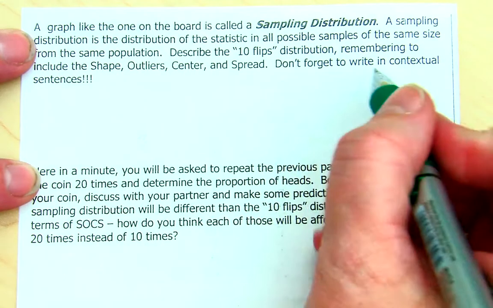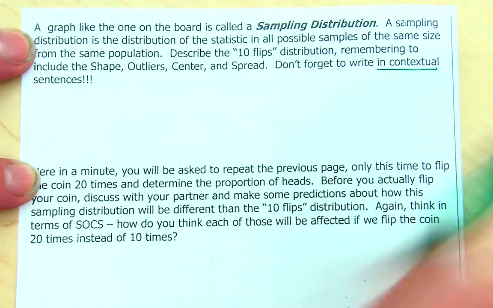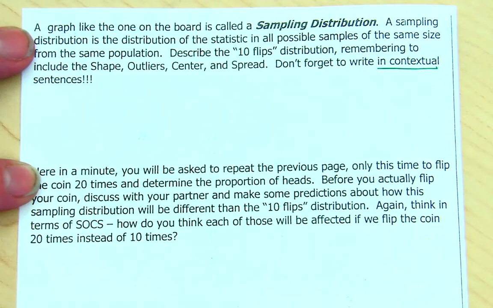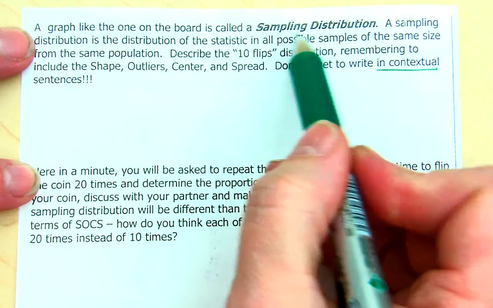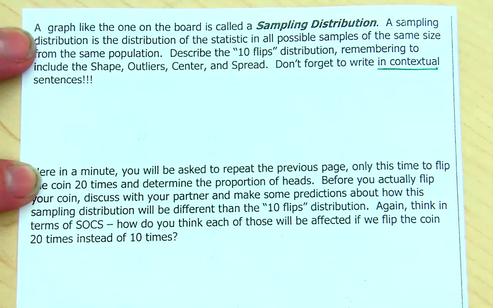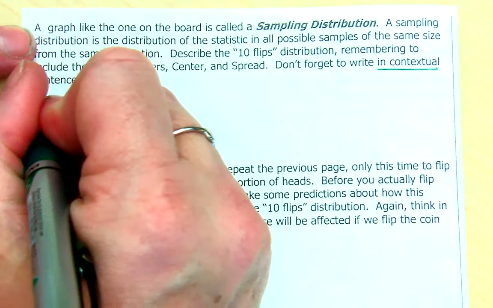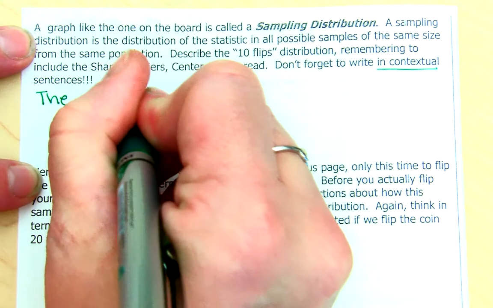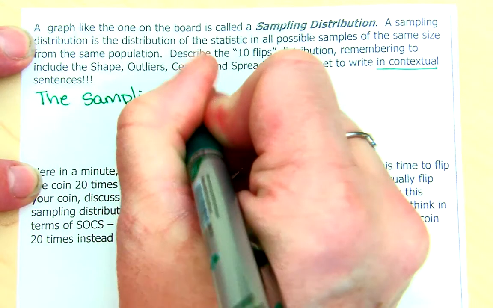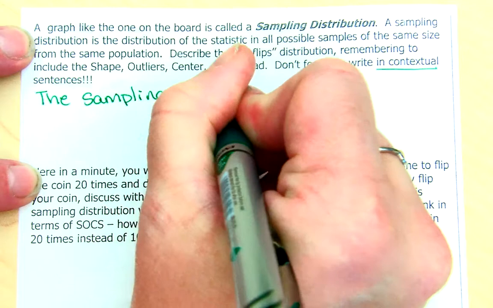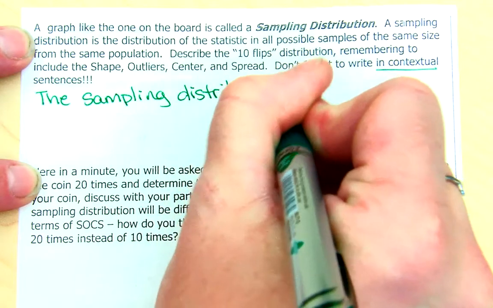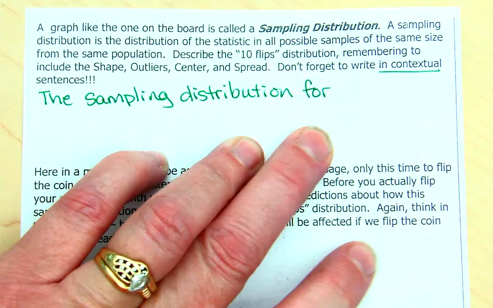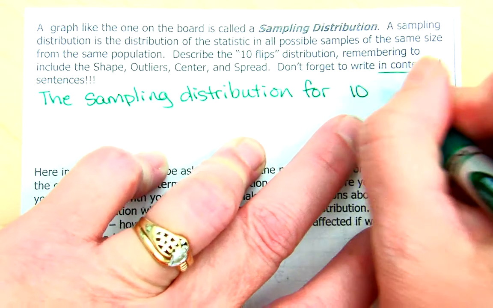Whenever we do that, we don't want to forget, write in context. So here we would say, instead of just saying the distribution of coin flips, we're going to say the sampling distribution of coin flips to distinguish that's what we have. The sampling distribution for 10 coin flips, that's our sample size.